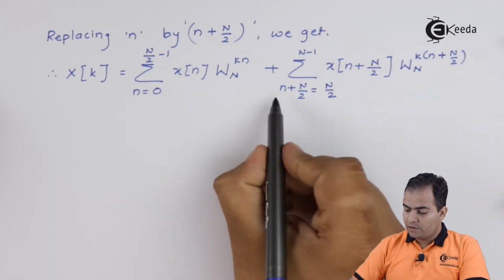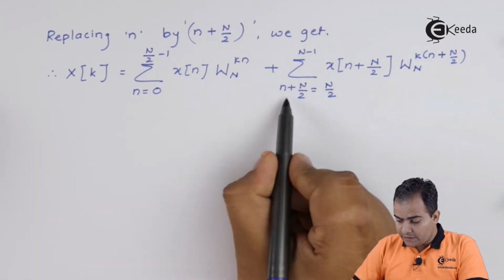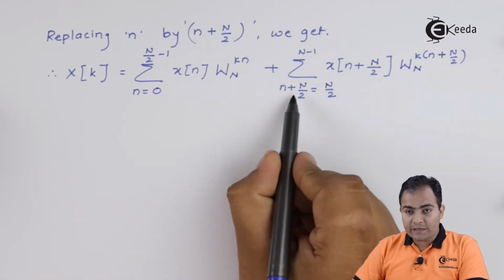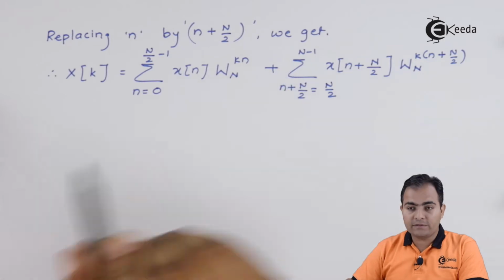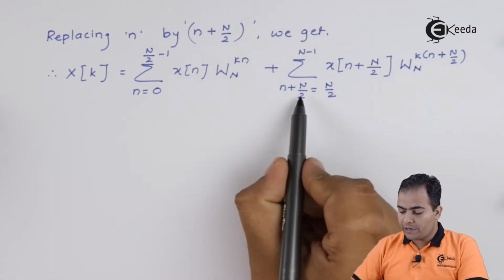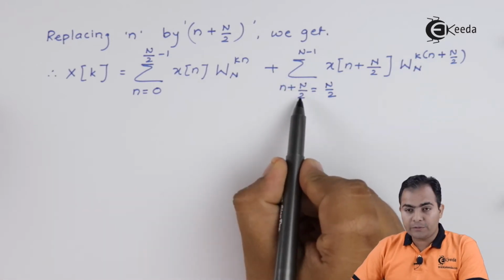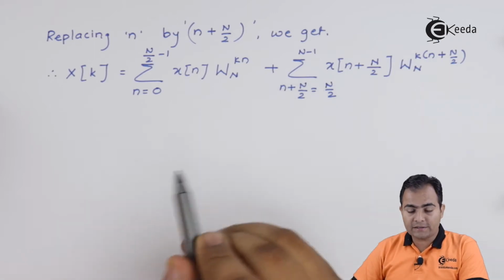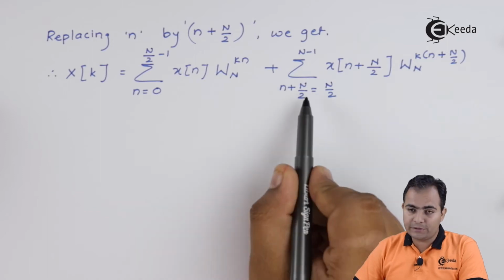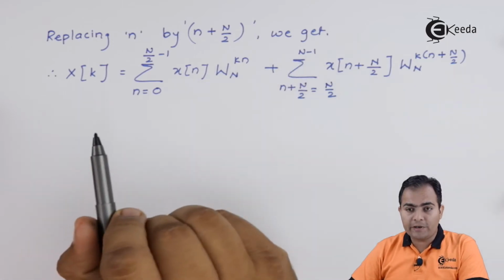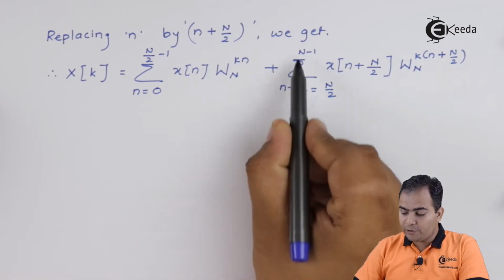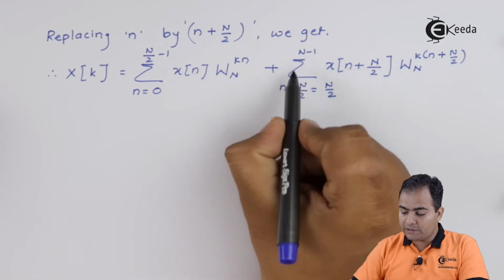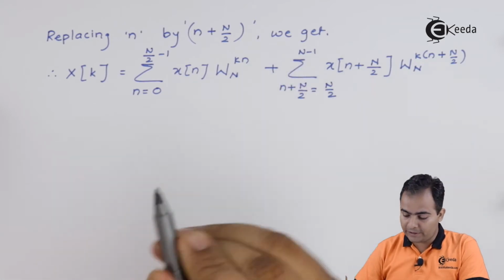If I shift this N by 2 to the right hand side, then N by 2 is subtracted from the lower limit as well as the upper limit. Here we have a plus N by 2, so it gets cancelled and the lower limit of this summation is 0. For the upper limit, N minus N by 2 is N by 2, so the upper limit will be N by 2 minus 1.